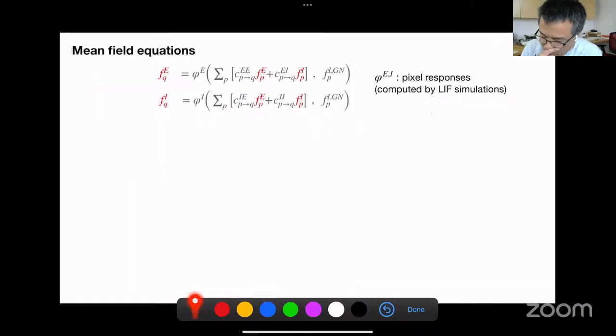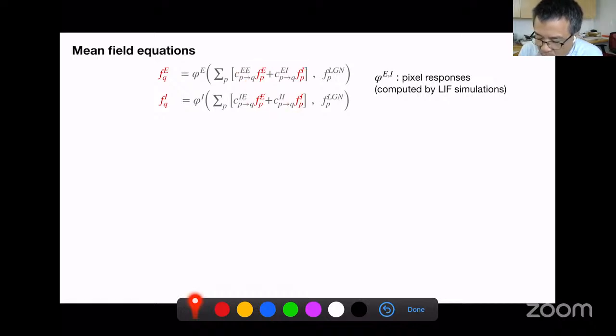Okay, I'm going to move on. So what does this give us? If you put it all together, we end up with a mean field equation of this type for the steady state firing rates. The quantities of interest are the firing rates of the cells, firing rates associated to each pixel of cells of different type. Here we have E and I, and they appear on both the left and the right hand side.